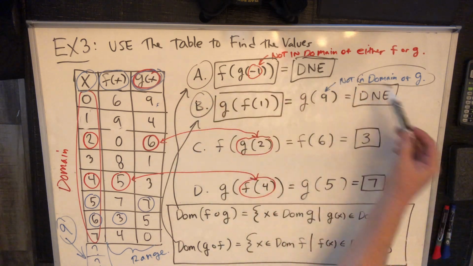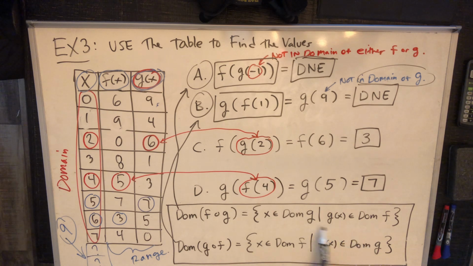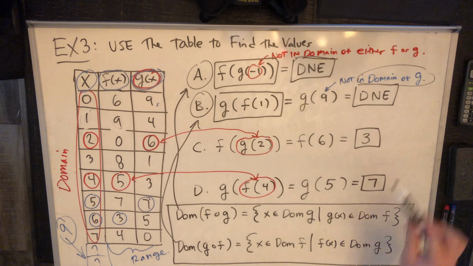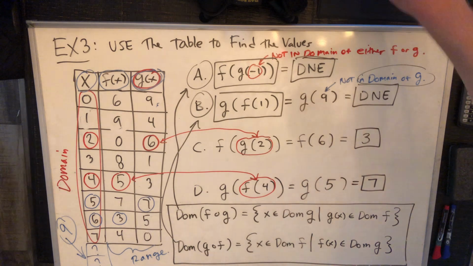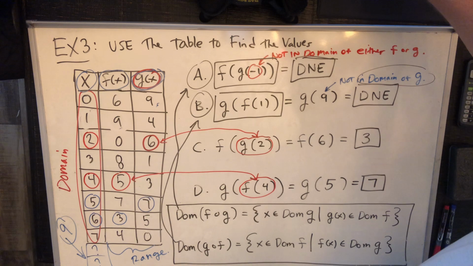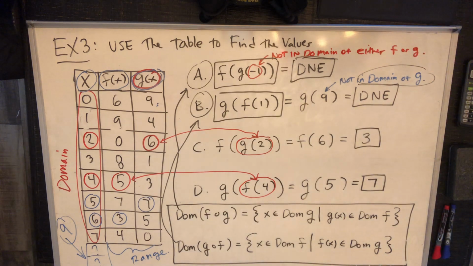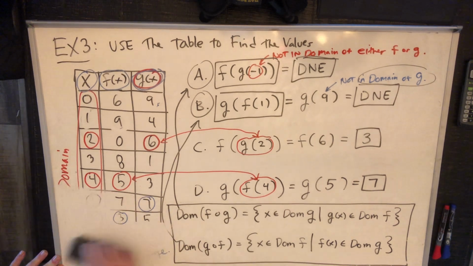And in both cases, we ended up with a value that did not lie in its respective domain. Whenever that happens in your homework, you can just enter DNE as the result. I will hang on to this definition here for the next example.